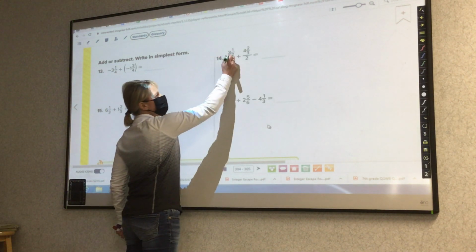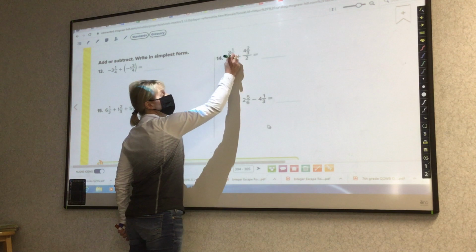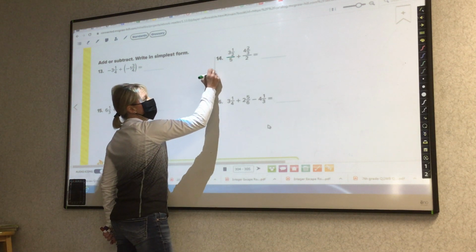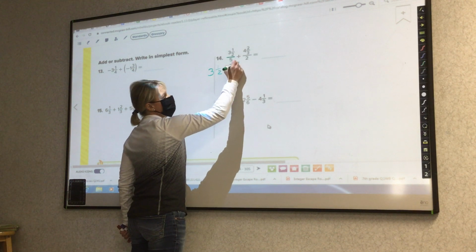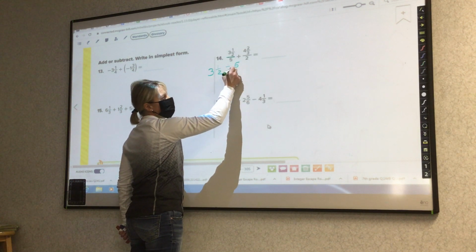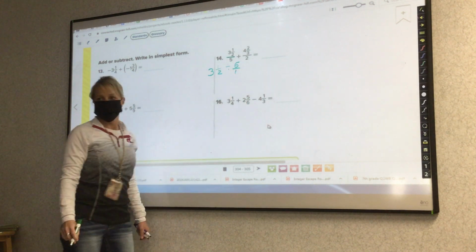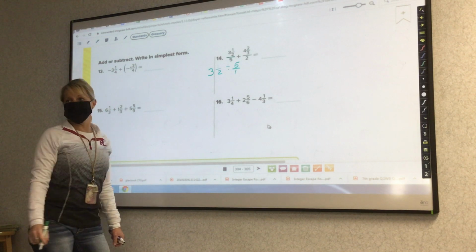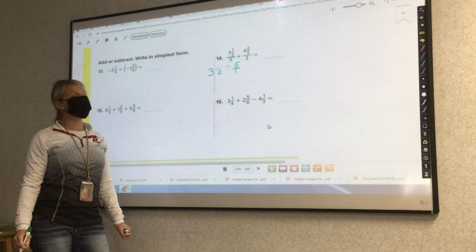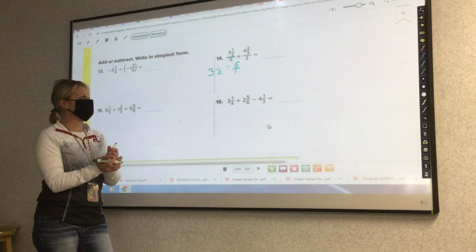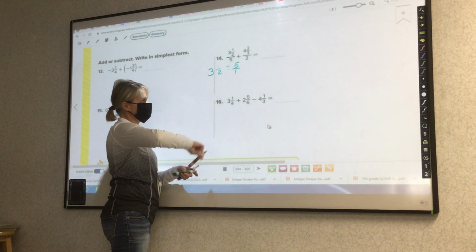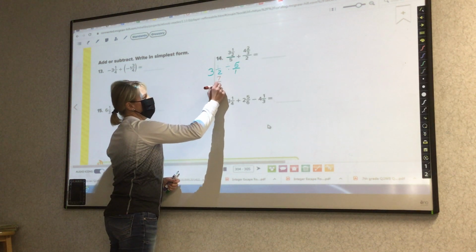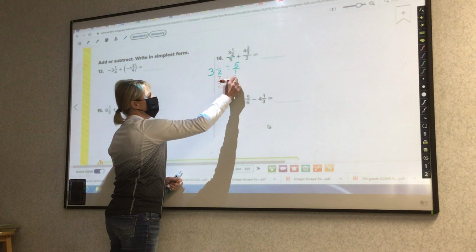This is 3 1/2, and what is this sign? Division. Division, so I would write 3 1/2 divided by 5, and 5 is always over 1, because it's a whole number. So then I have my mixed number, and I make it an improper fraction, which would become 7 over 2, 7 halves, divided by 5 over 1.